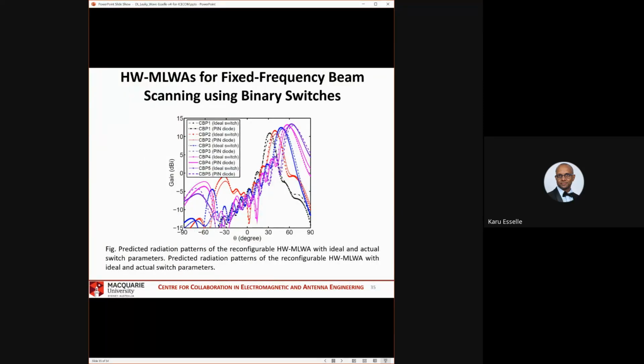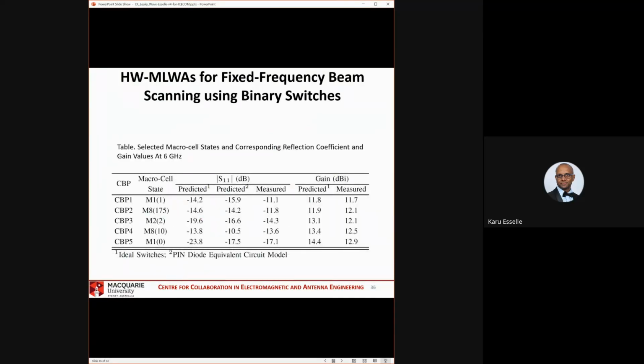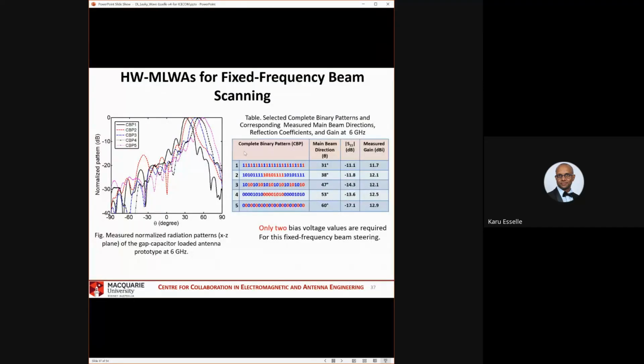I did not define this, did I? Where is it? Here they are. These are the complete binary patterns. This is CBP1, which means all of them are 1. CBP5 is all of them 0. And CBP3 is 1, 0, 1, 0, 1, 0, 1, 0.